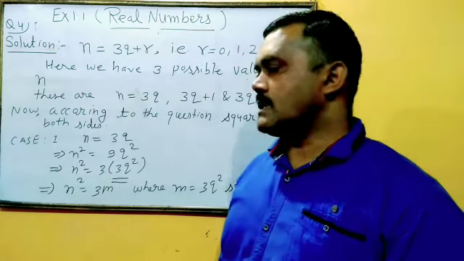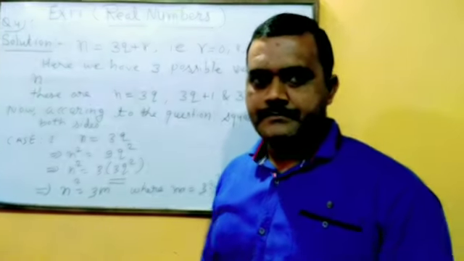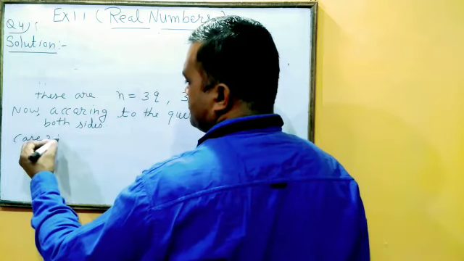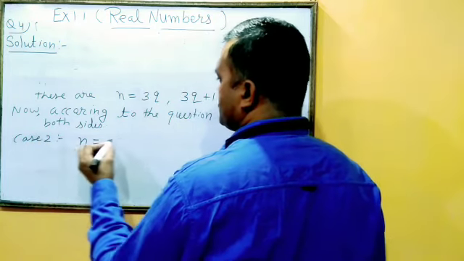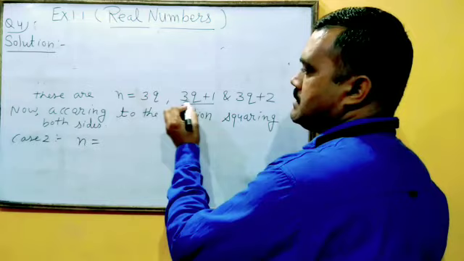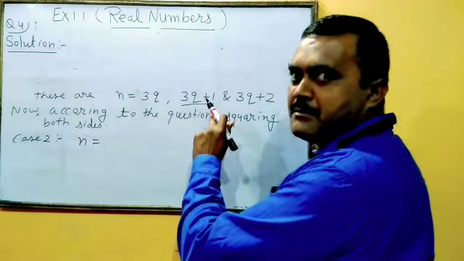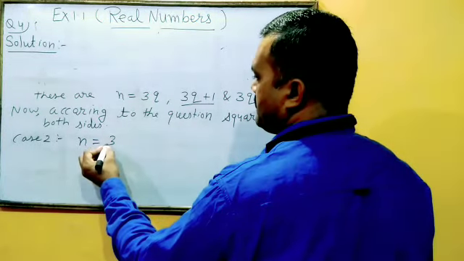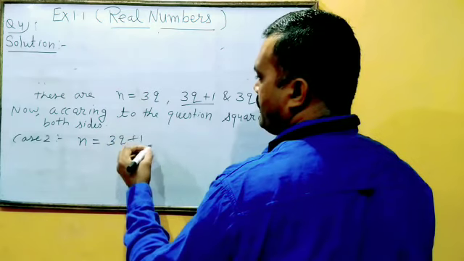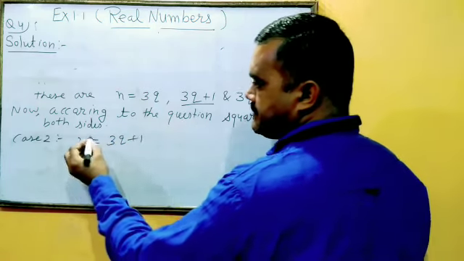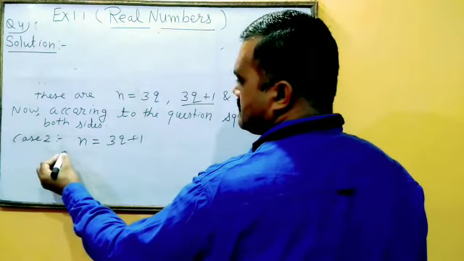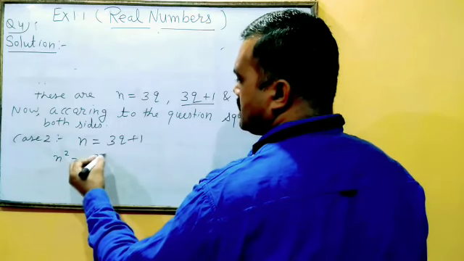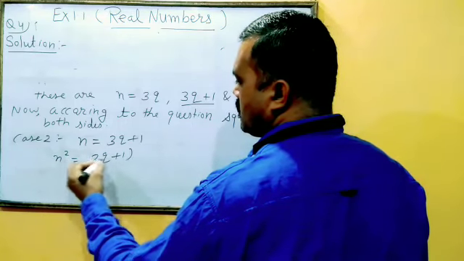Now let us move to case 2. n is equal to this second number, 3q plus 1. This second number is case 2. Now we need to square both sides. n square is equal to 3q plus 1 whole square.